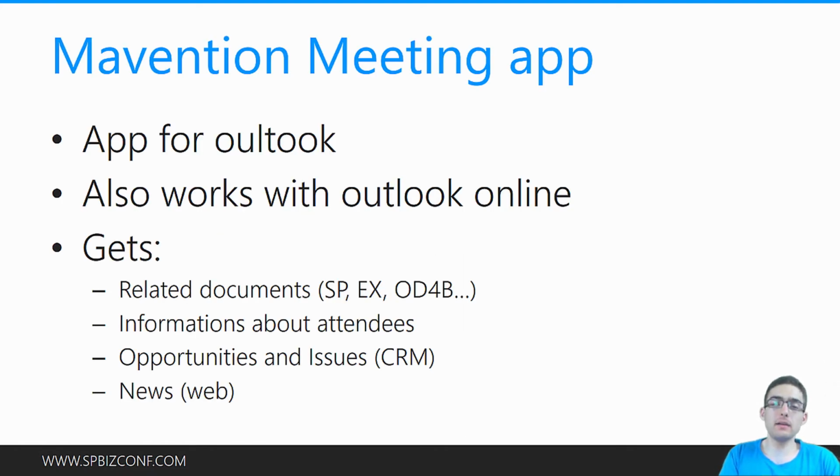So Mavention made a meeting app for Outlook. What it provides is based on meetings and what you're going to do, and the graph API, where they will recommend you documents and other things coming out from the graph.